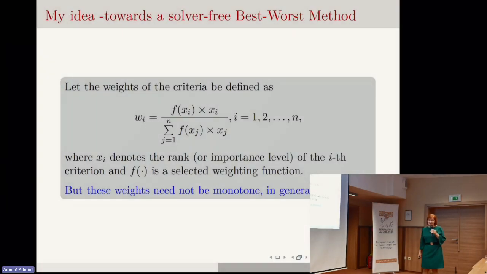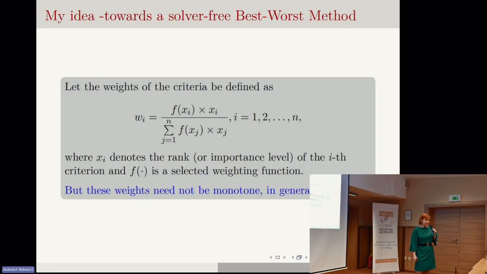So, what is my idea in this problem? I wanted to determine weights in a little bit different way. The first idea was that I am going to apply my original study about the mixture functions.